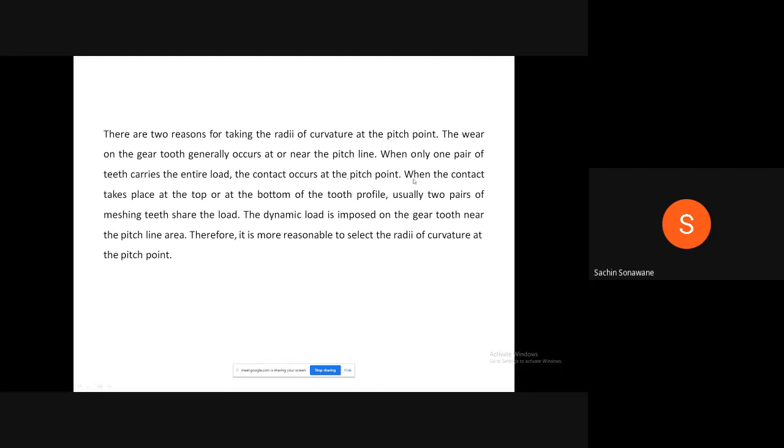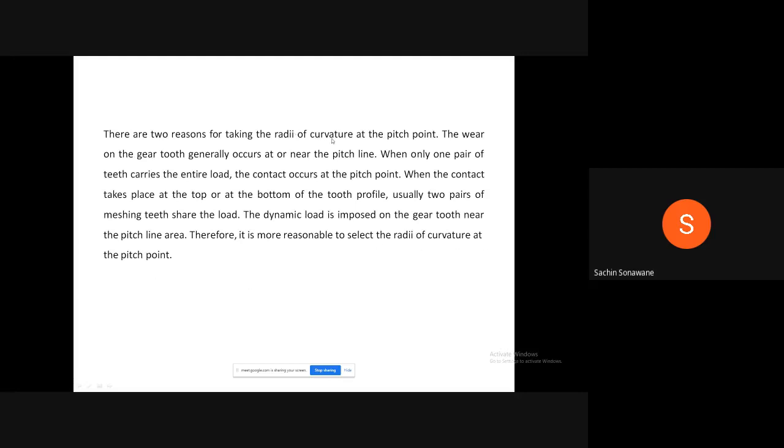When the contact takes place at the top or at the bottom of the tooth profile, usually two pairs of meshing teeth share the load. The dynamic load is imposed on the gear tooth near the pitch line area. Therefore, it is more reasonable to select the radii of curvature at the pitch point.